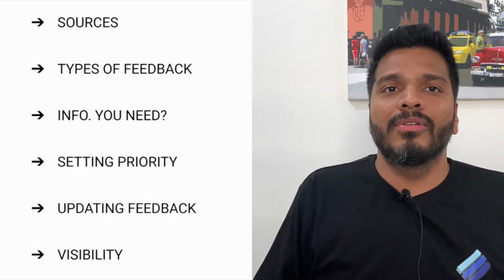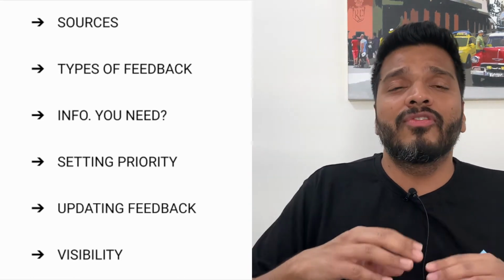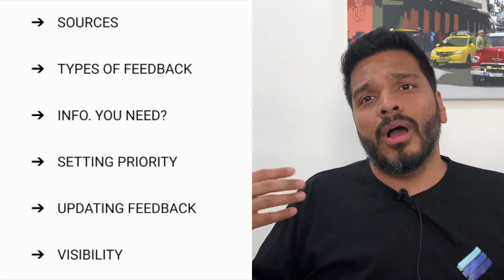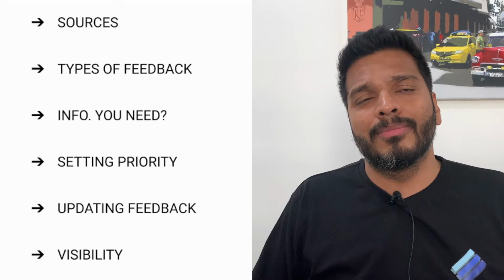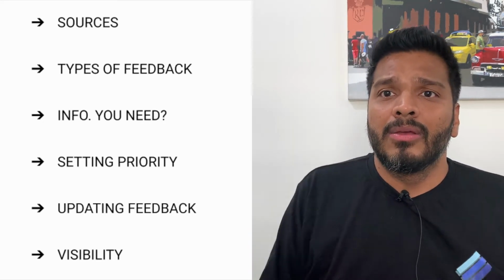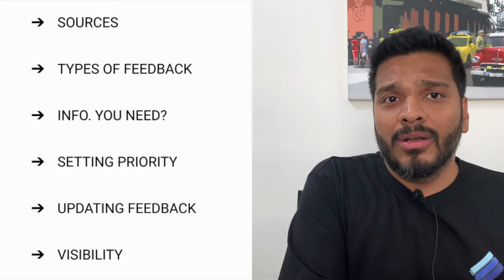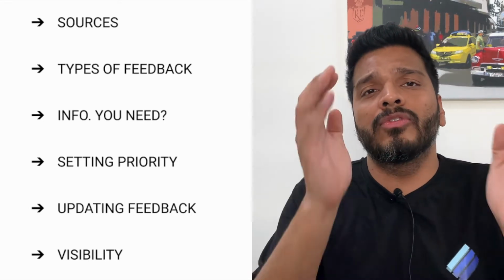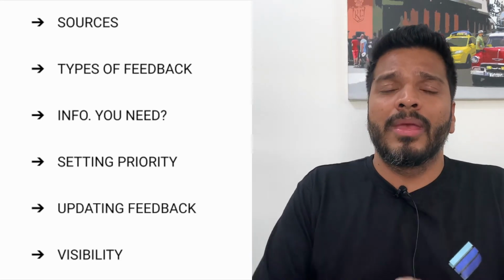The different levels of priorities that the feedback needs to have. How often do you update and how do you update the feedback? And finally, visibility between internal and external. How much of the feedback do you want to make available for everyone to see?